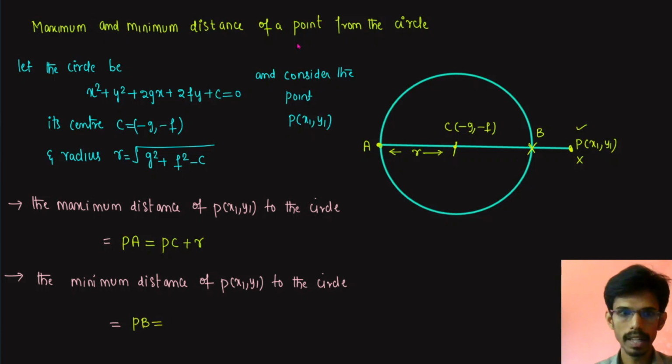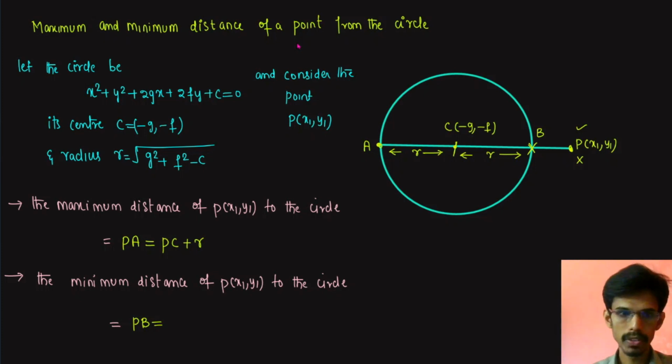I want to write this PB in terms of center and R. P to C will be the total distance, and I want the minimum distance in terms of radius. Point B to C will be radius.